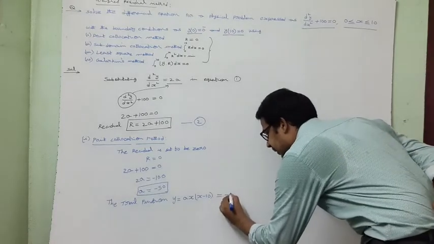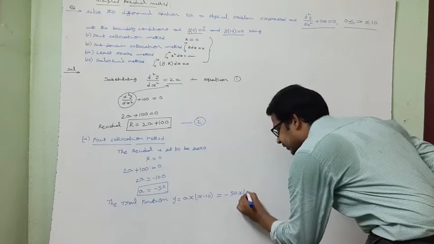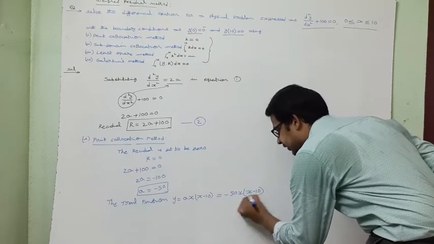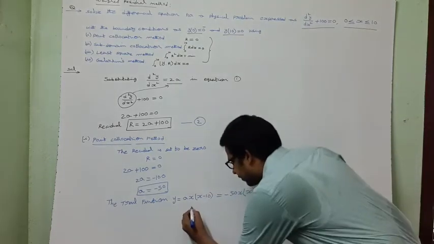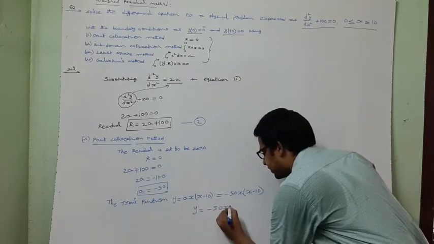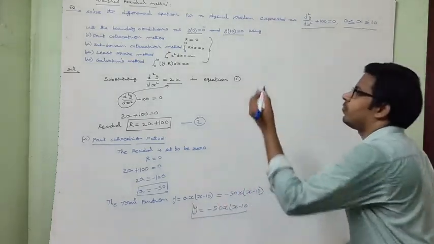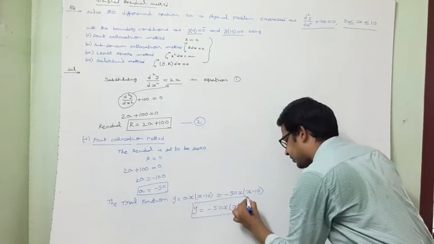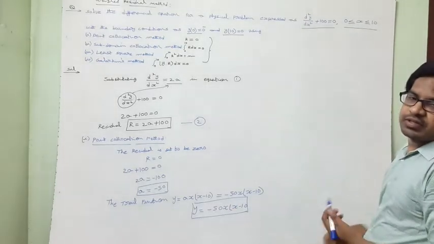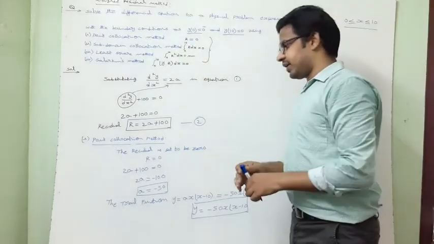So the trial function is y equal to minus 50 into x minus 10. This is the first, point collocation method trial function.